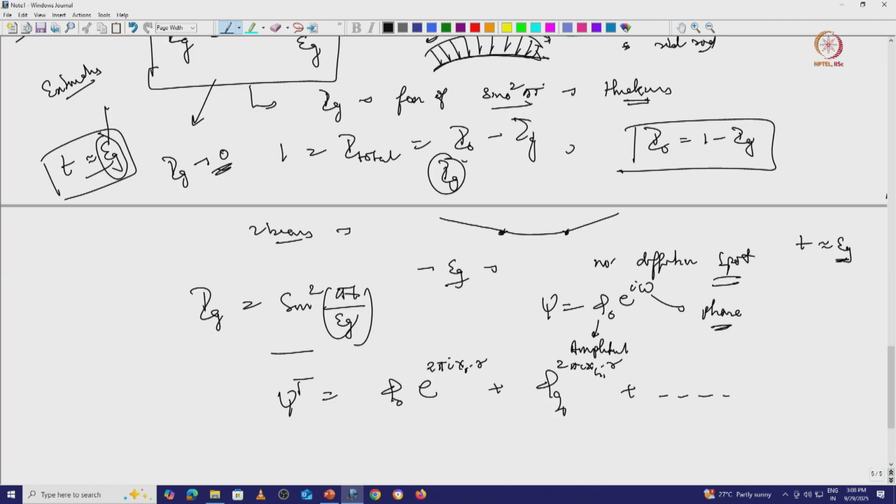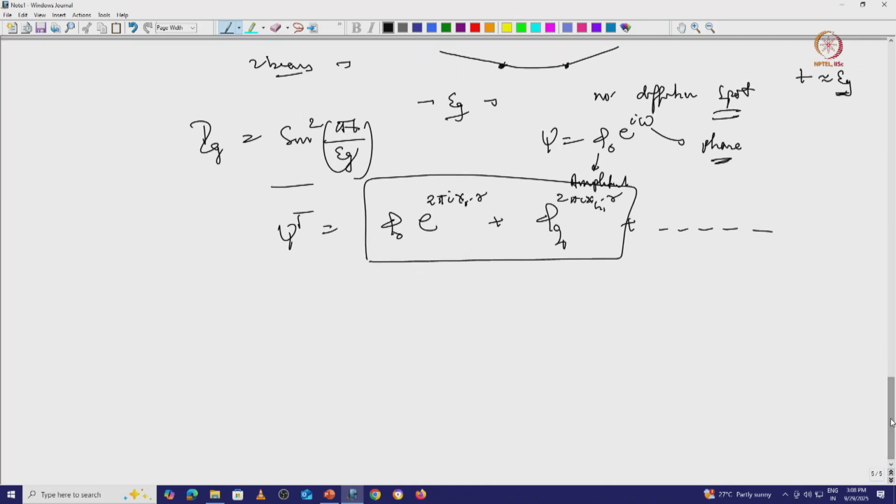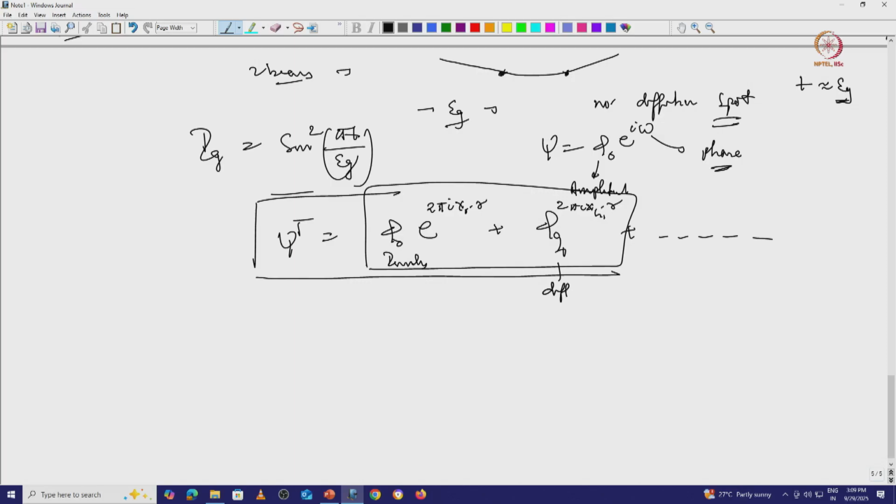Like this you can write equation for each diffraction spot. If you are assuming the two beam condition, we should consider only these two equations. So in the two beam condition, your equation will become only the incident beam and the diffracted beam.